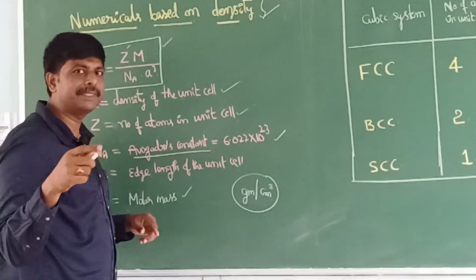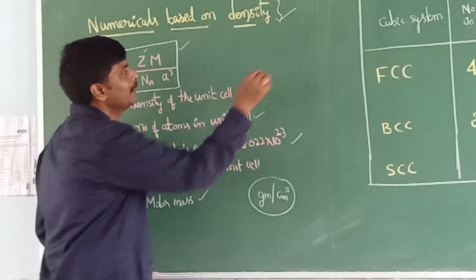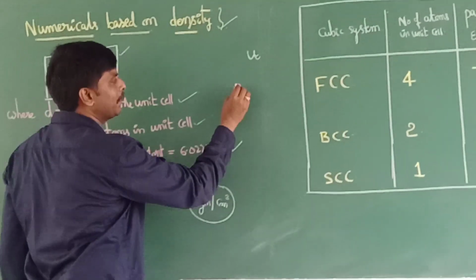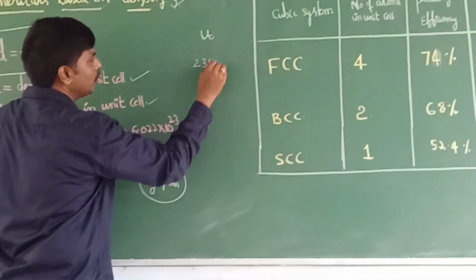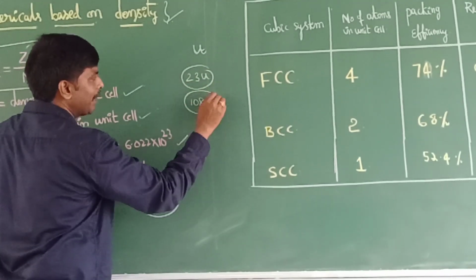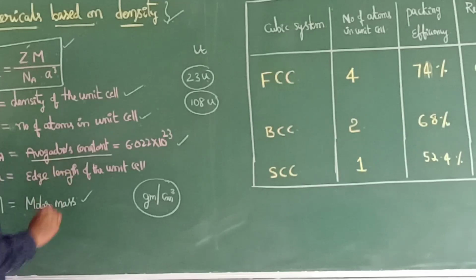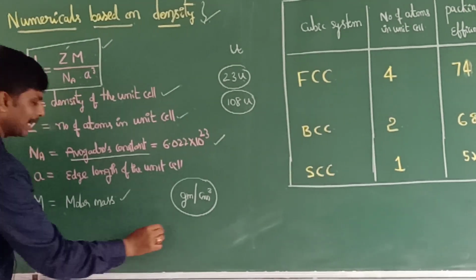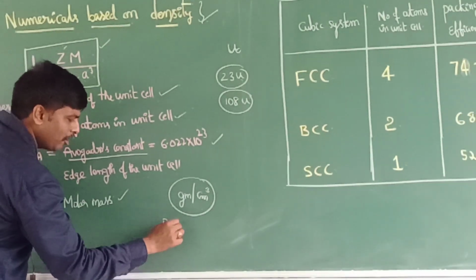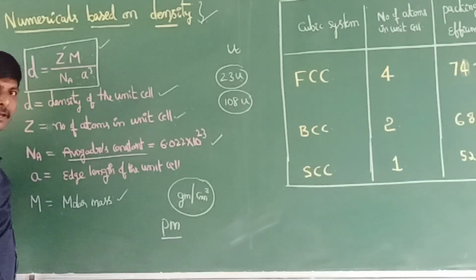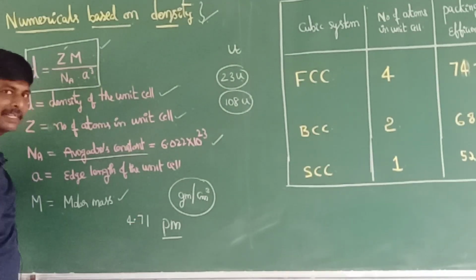Molar mass means gram per mole, or you can write u also, unified mass. If sodium metal is given, 23 u. If silver is given, 108 u. So it is the molar mass units. Na has no units. A is important. Generally, the value of that edge length they will give in picometers, like 4.71 picometers.